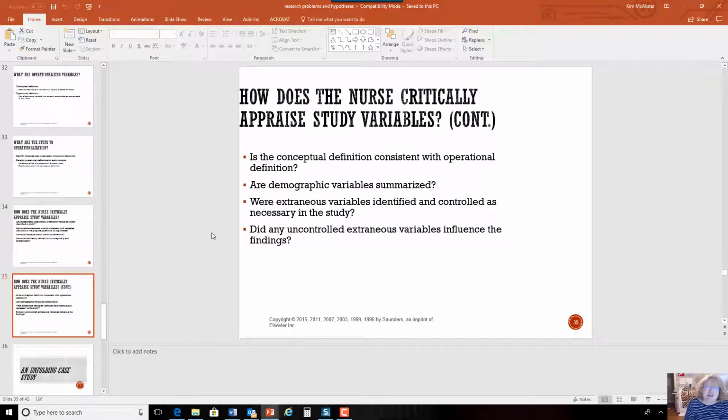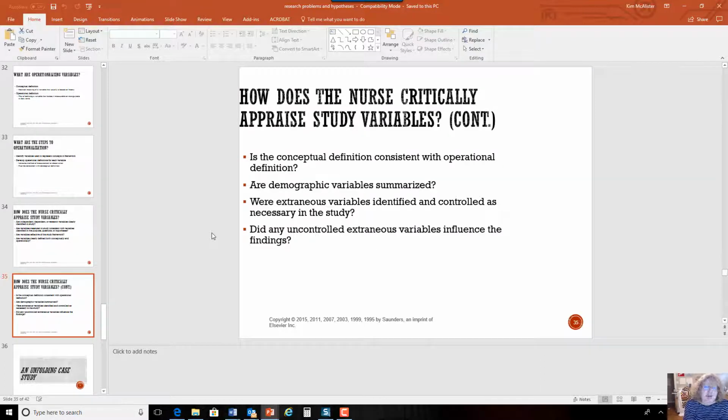It's very difficult to have a study where there are no extraneous variables, especially in nursing, because we're dealing with people and we're dealing with people in situations. And many times they're in their own environment and we can't control those. So it's important as a researcher just to be honest and say, we had this happen and this is what impacted the study.